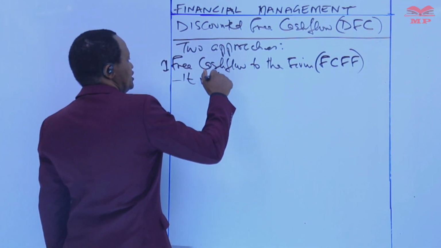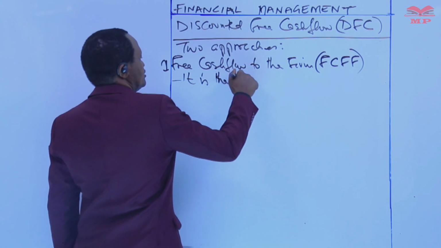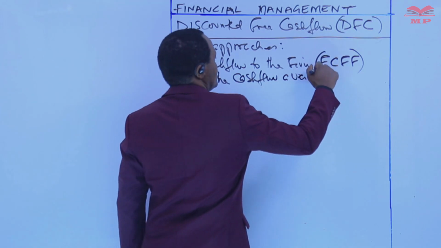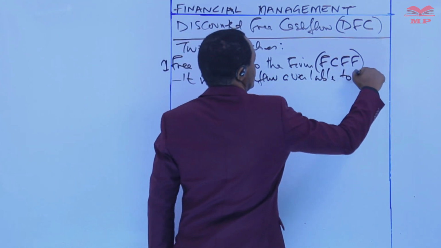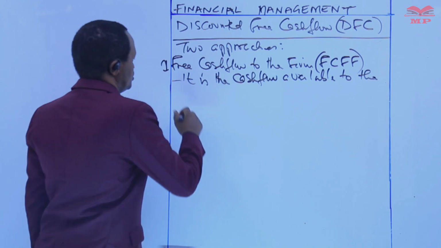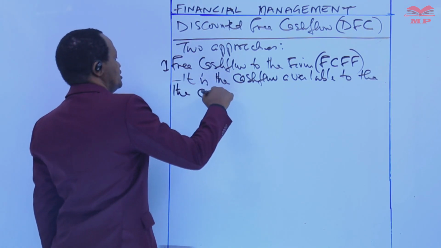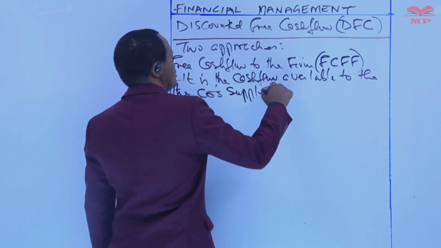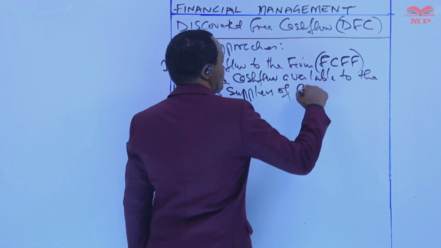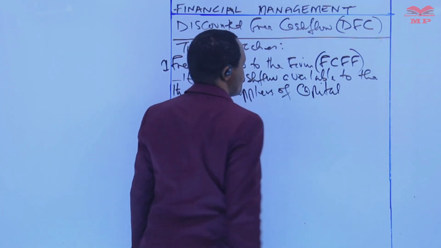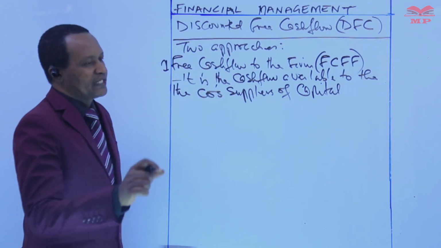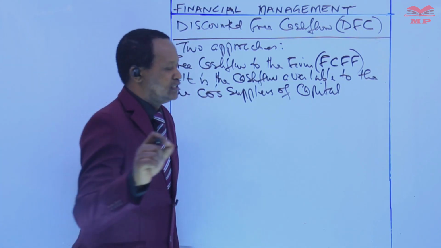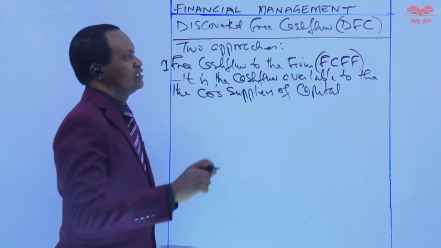It is the cash available to the company's suppliers of capital, those who supply capital, like the debenture holders and the equity shareholders.